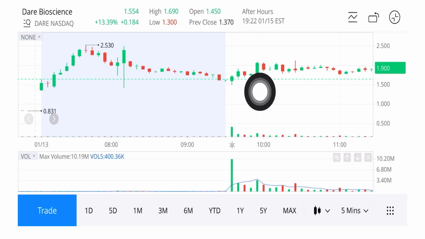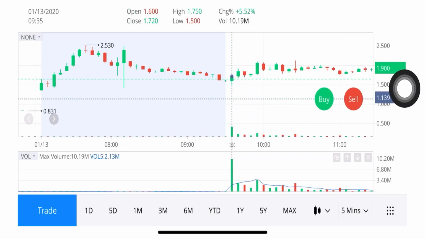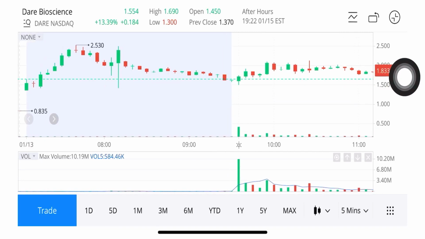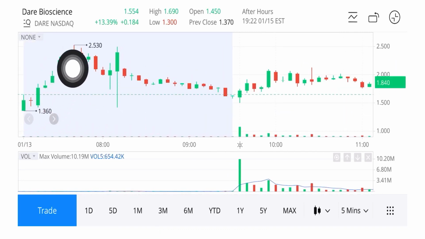So basically at the opening, the price drops from $2.53 to $1.58. So with that in mind, what you'll notice here is we have a sudden rise in price, and then we have a loss of momentum on a downtrend.